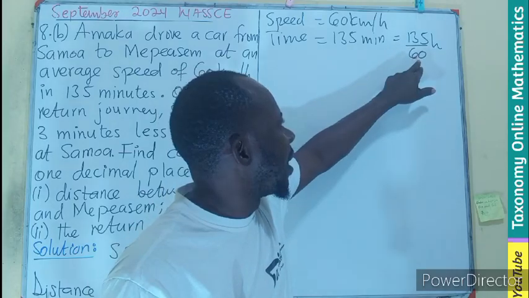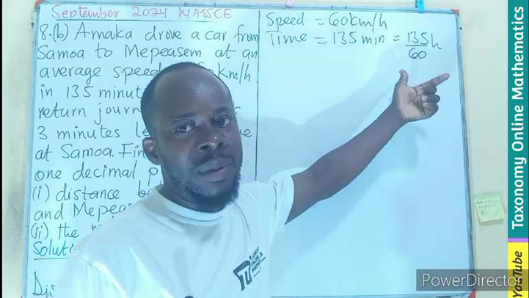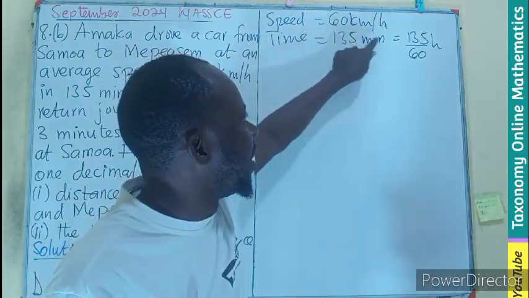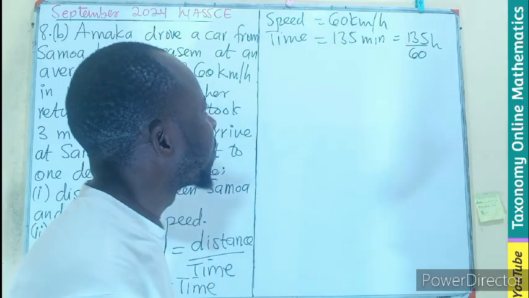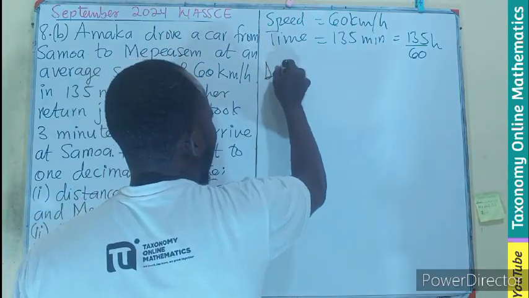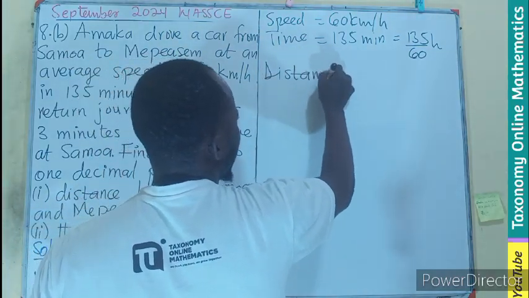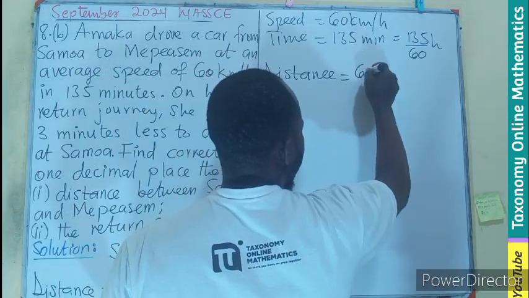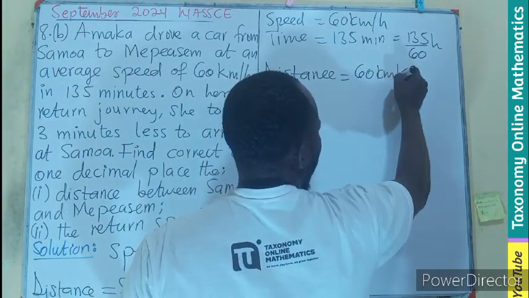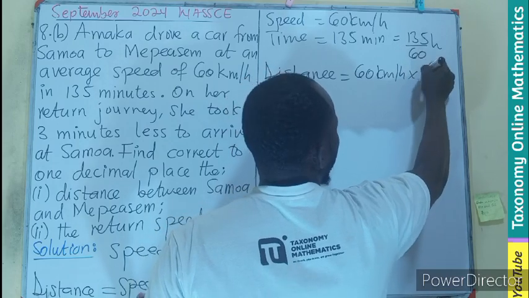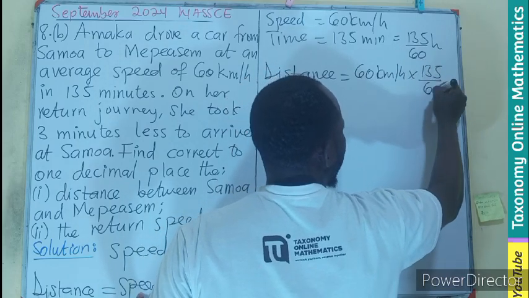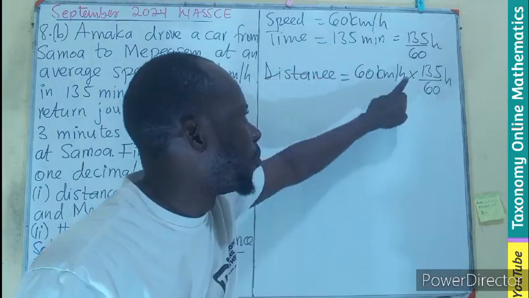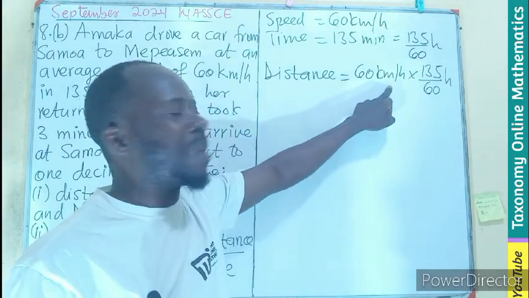We can easily divide this and get a decimal number, but I'm seeing 60 here, so I'm going to maintain that. If I find the distance now, it's going to be the speed, which in this case is 60 kilometers per hour, times 135 over 60 hours, meaning here it is divided by 1 hour.